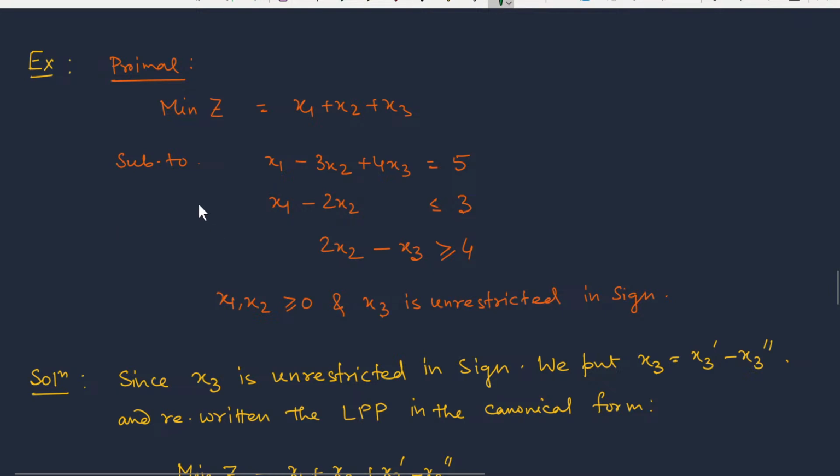Now let us take an example to understand the above theorems properly. Suppose let us take this primal problem, a minimization problem, which I think makes it easy to understand the theorems. Minimize z, subject to the constraint x1 minus 3x2 plus 4x3, this is an equation, equal to 5.